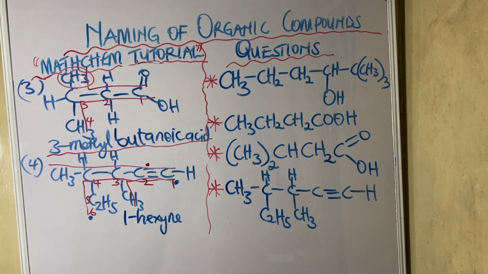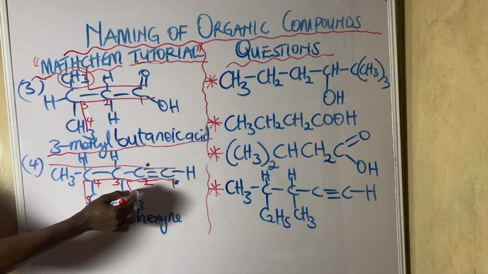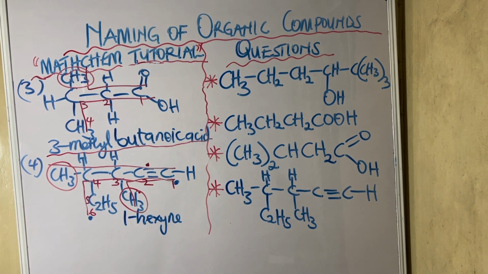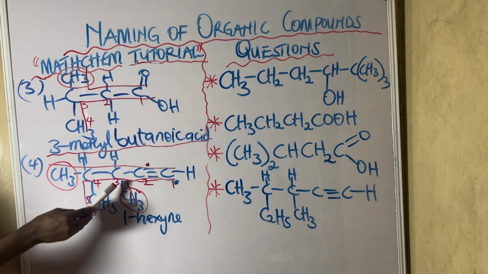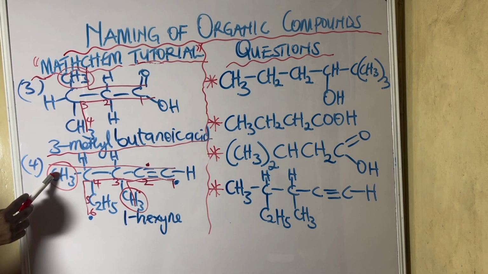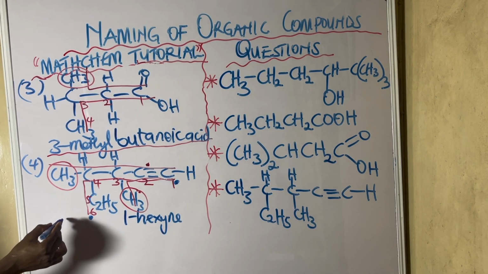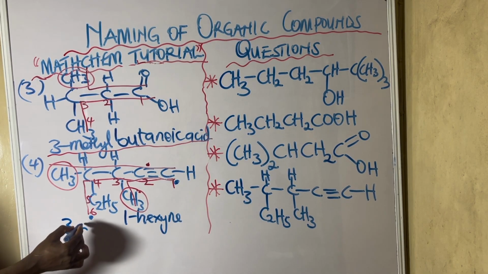So after having my general name as 1-hexyne, then what are the substituents attached? The substituents attached are, I have one CH3 here and another CH3 here, as you can see. This first CH3 is attached to carbon number 3, and this CH3 is attached to carbon number 4. So I have the substituent name as 3,4-dimethyl.